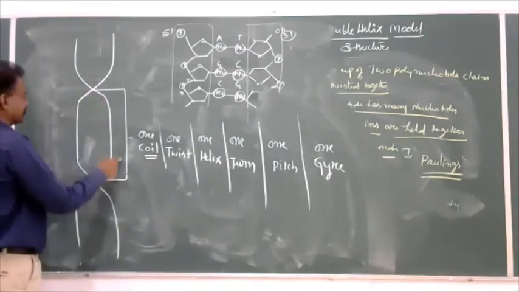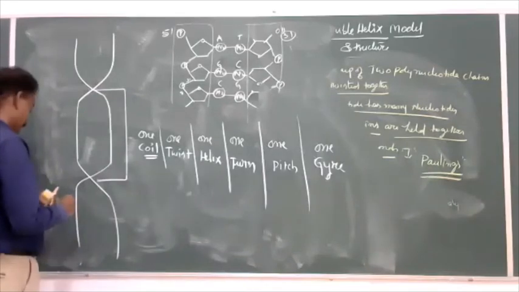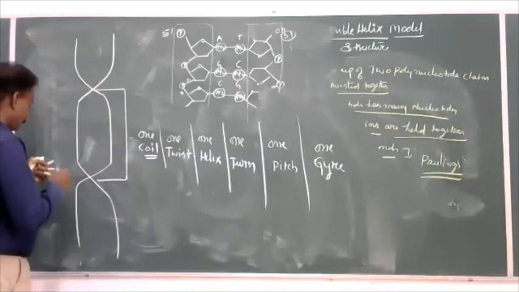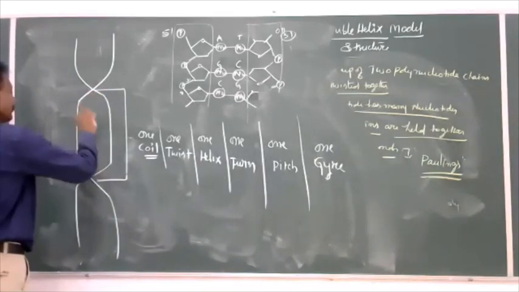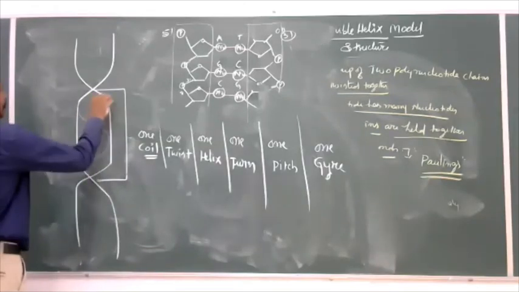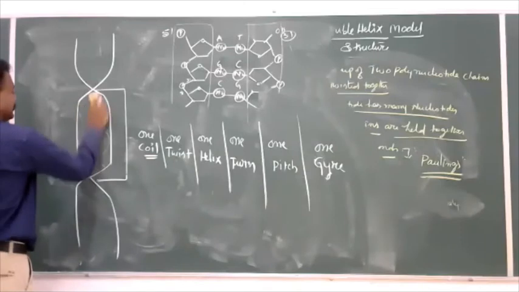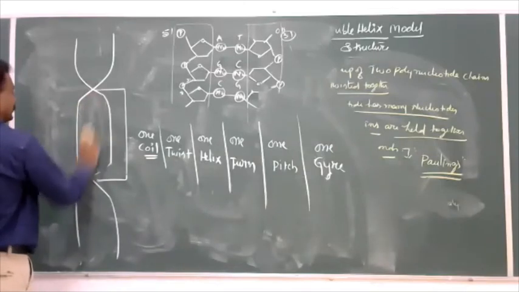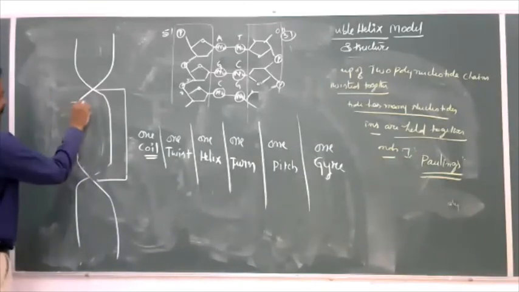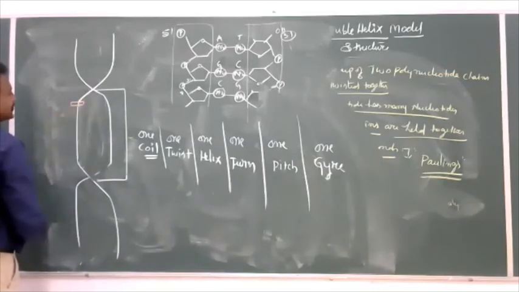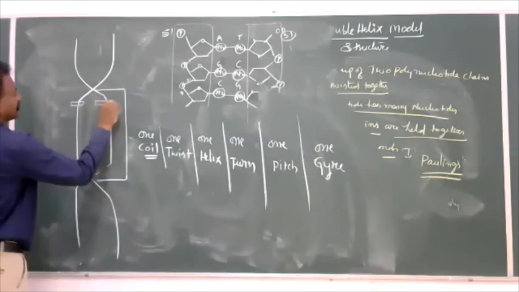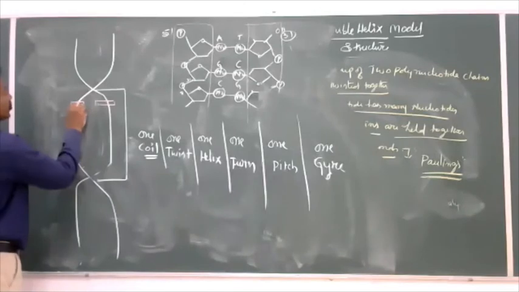So when we want to study a full amount, one full turn, how do we understand this full turn? Here nucleotides are there. What is a nucleotide? Sugar, phosphate, nitrogen base.